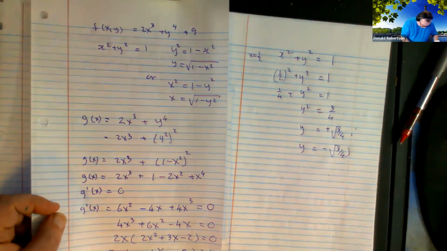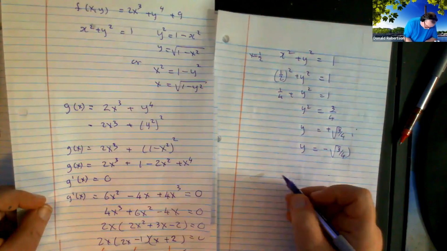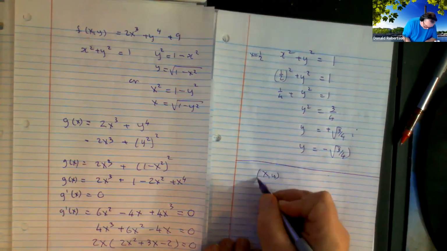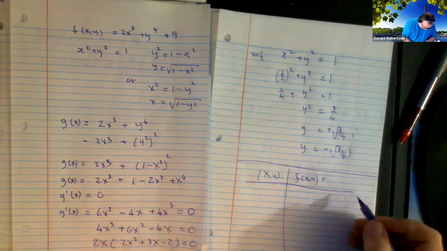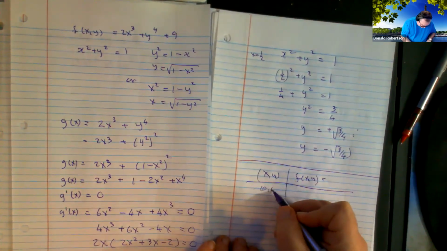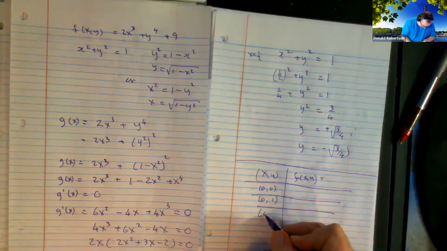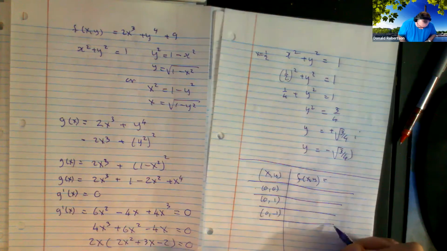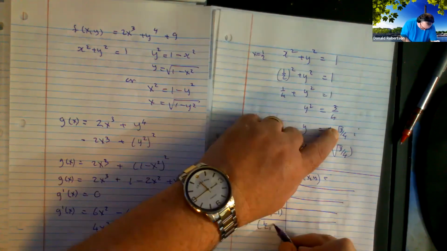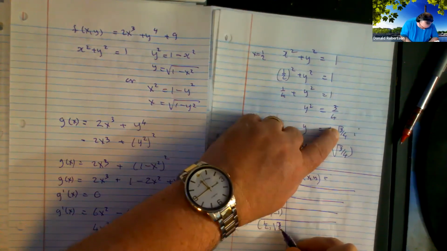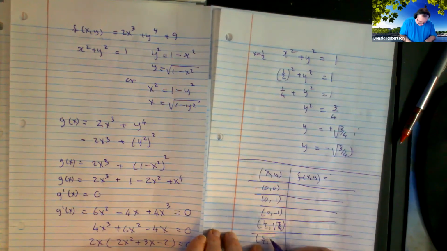And so that means that we now have, here's our xy, and here's going to be our function. We now have the origin, which was the critical number. We have a 0, 1, and we have a 0, -1. We just found them here. And we have a 1/2, that guy. And lastly, 1/2, that guy.